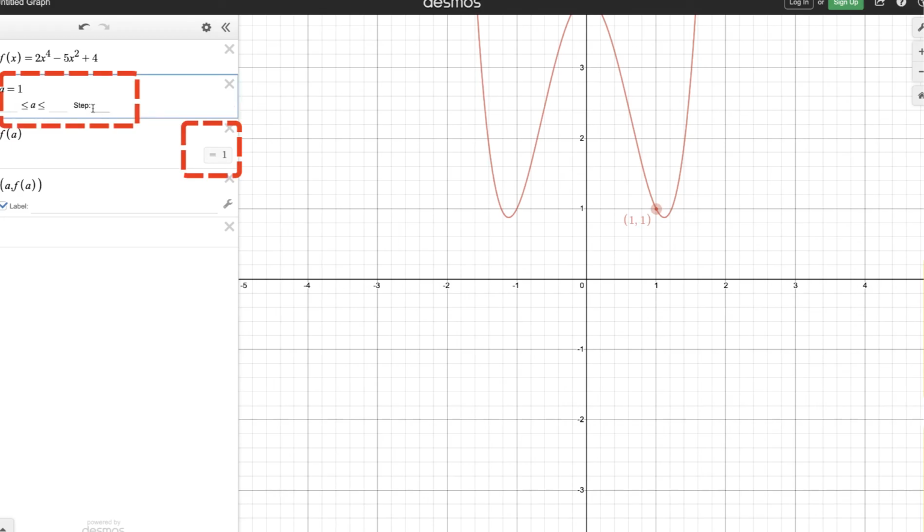If I evaluate f of negative 1, let's move the point to an x value of negative 1, it has the same y value. Y value is still 1. And that should be true for any x value we choose. If we do f of 4 or f of negative 4, same y value. F of 0.5, oh, and there's the point. It would have the same y value as f of negative 0.5 because it's symmetrical about the y-axis.